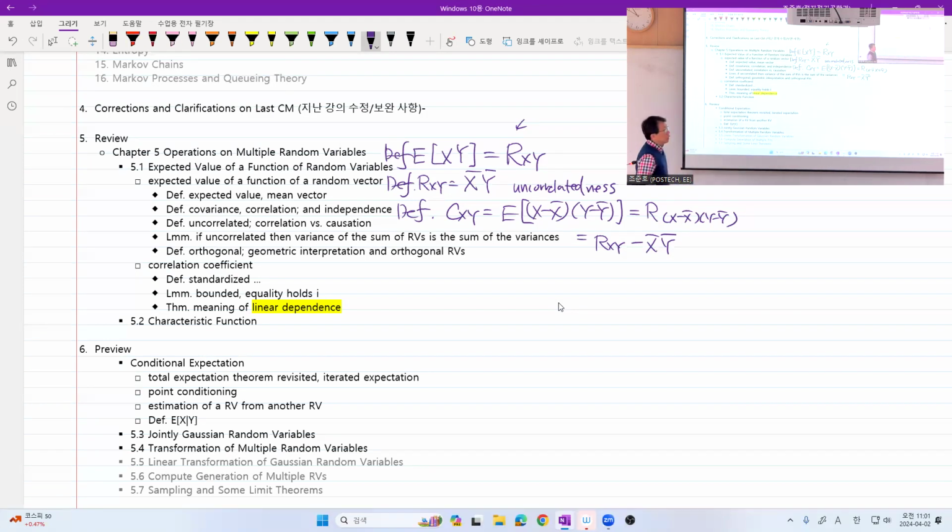So uncorrelatedness is misleading. It's kind of zero-covarianceness, something like that. Got it? So uncorrelatedness can now be interpreted as zero covariance.